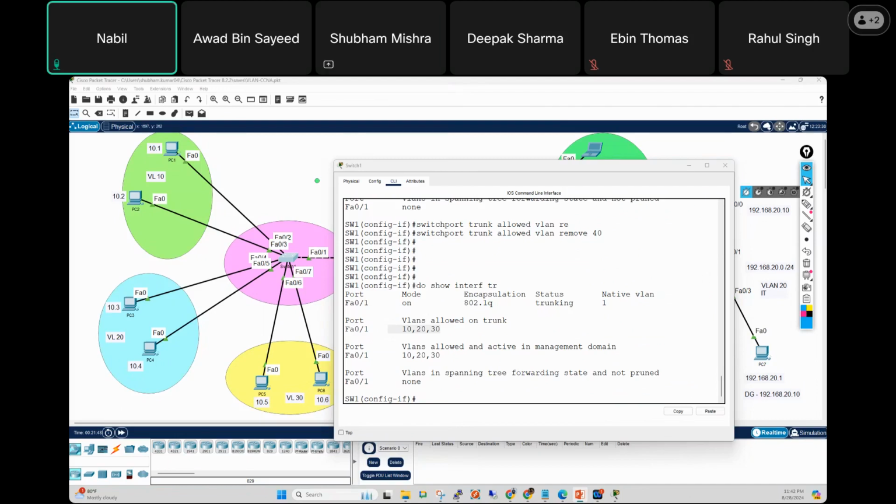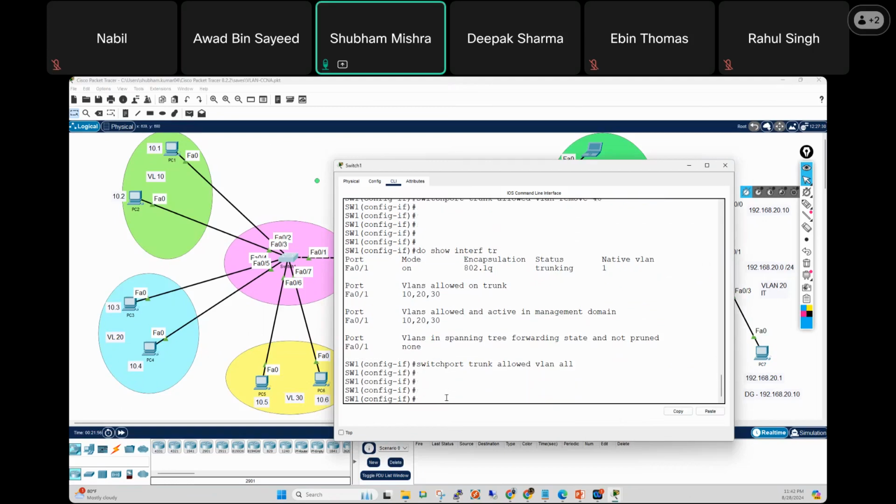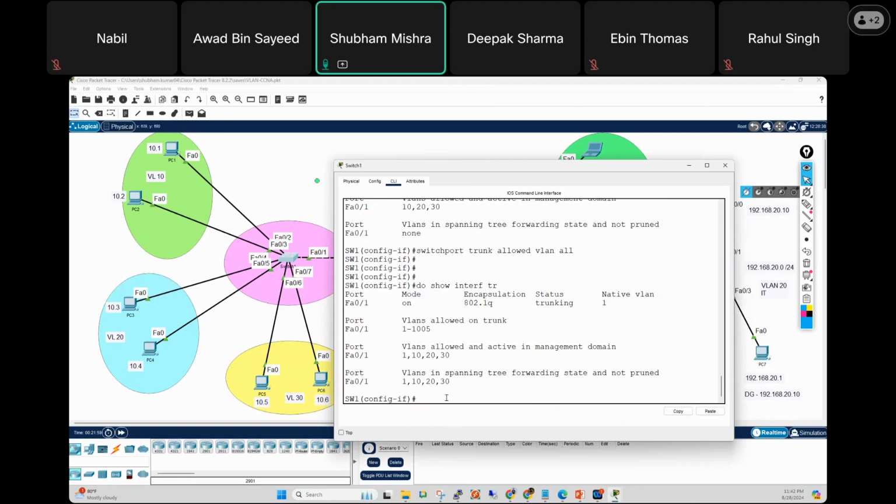And when you write all, it means all the VLANs are allowed. Very clear, everyone?